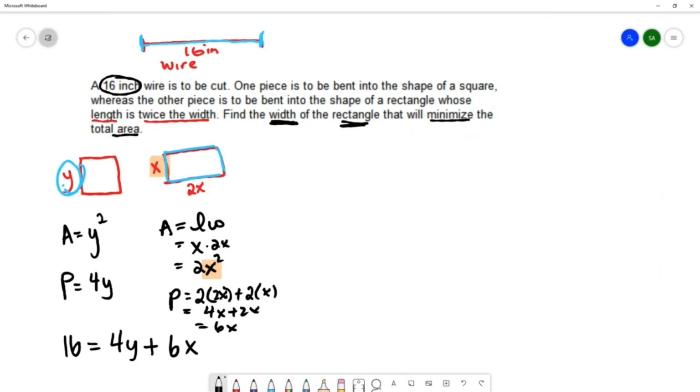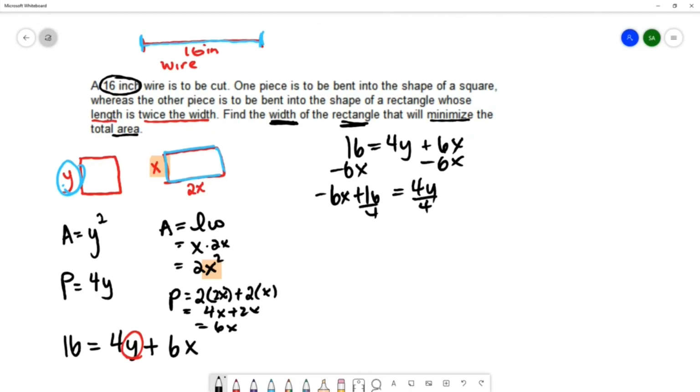So I'm going to be able to solve for y. I have 16 equals 4y plus 6x. I'll subtract 6x. That gives 4y equals negative 6x plus 16. And I'll divide by 4.